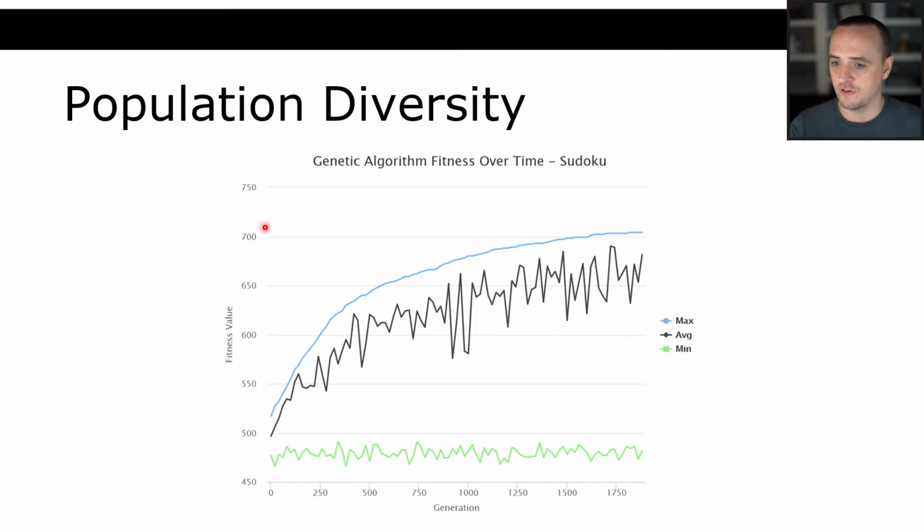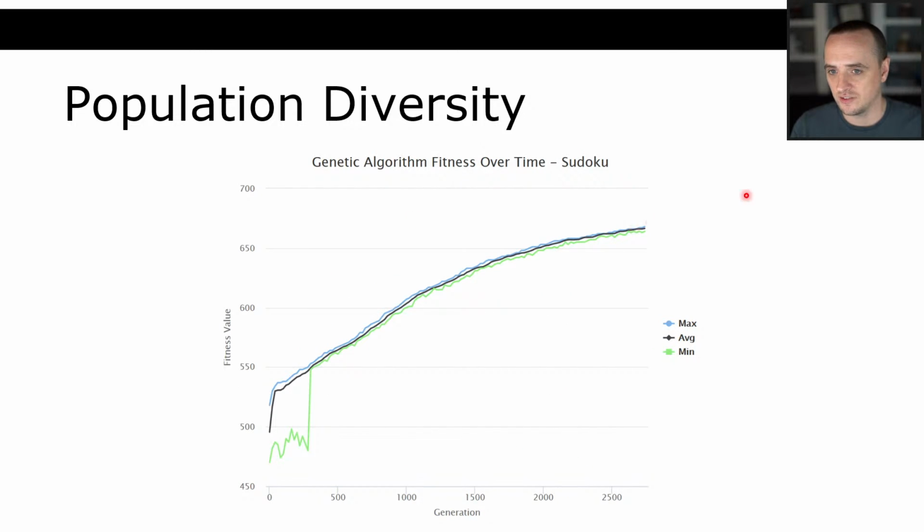I've got 3 different values here: the minimum fitness of my population, the maximum fitness of the population, and the average fitness of the population. You can see there's quite a difference between the minimum and maximum fitness in this population, but the average fitness is kind of close to the top. This is a pretty diverse population.